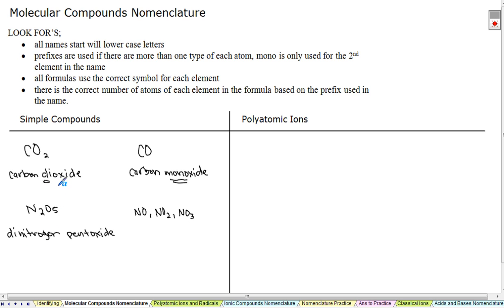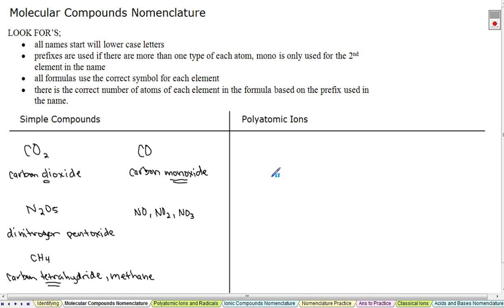And the most common ones are mono for one, di for two, tri for three, tetra for four. So if we have something like this, this could be called carbon tetrahydride. However, because it is an organic compound, it has another name used, and we call it methane. But the tetra corresponds with the four hydrogens attached to the carbon.